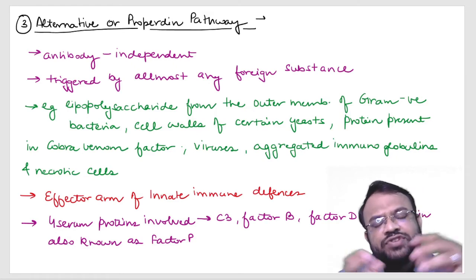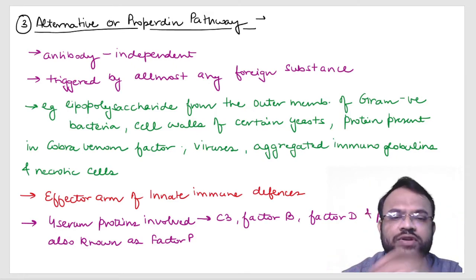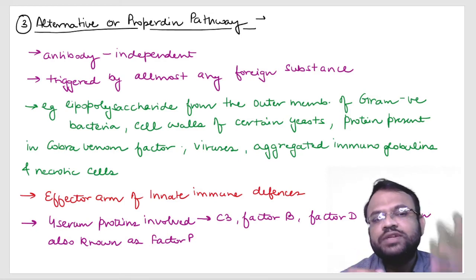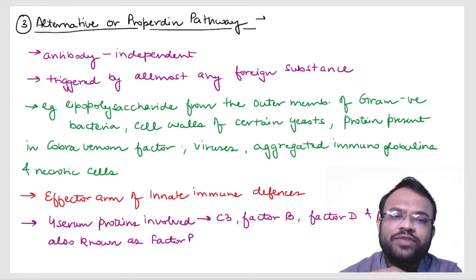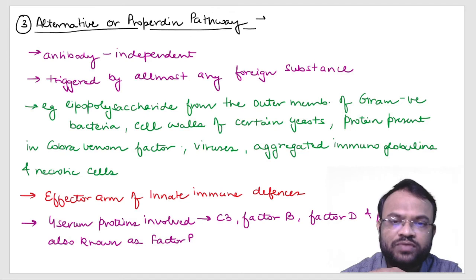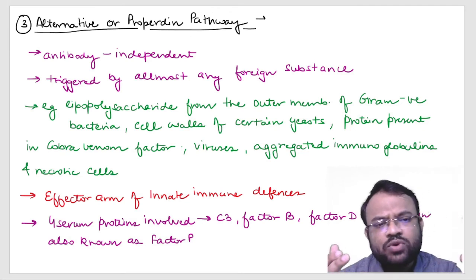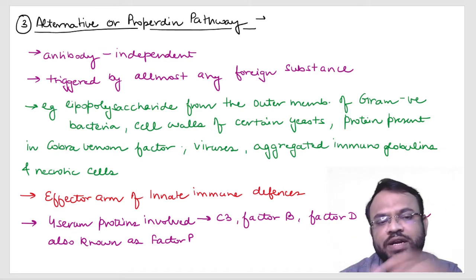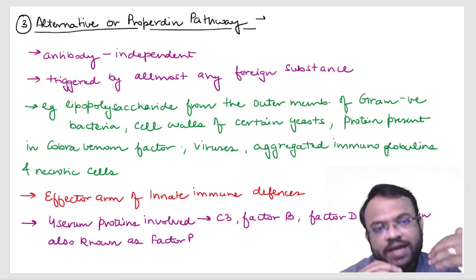Next, it is triggered by almost any foreign substance. There is no particular thing through which it gets activated; it can get activated by almost anything. For example, lipopolysaccharides from the outer membrane of gram-negative bacteria. You would know that bacteria can be classified into two parts depending upon gram staining: gram-positive and gram-negative.